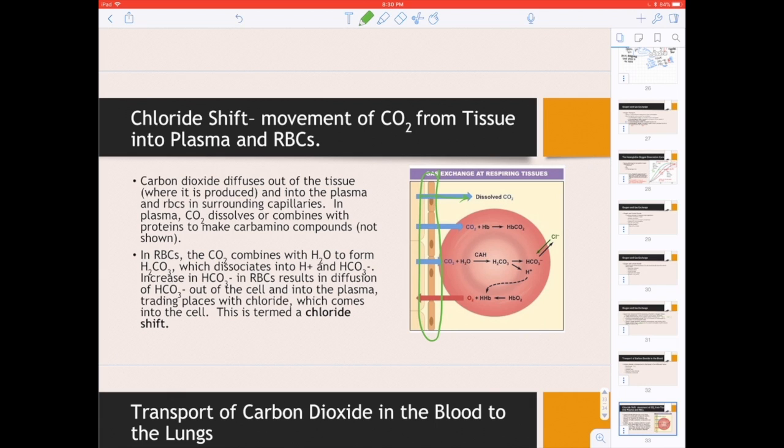In the plasma, this is where we're going to see dissolved CO2, or we're going to see CO2 combining with proteins to make those carbamino compounds that we talked about before. Now, when the CO2 goes to red blood cells, the CO2 is actually going to bind with water, and that's going to form carbonic acid, and then that carbonic acid is going to dissociate into the bicarbonate and H+.